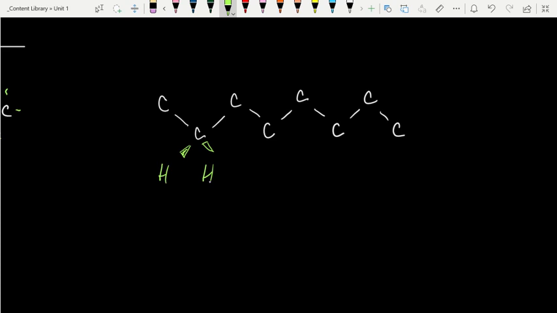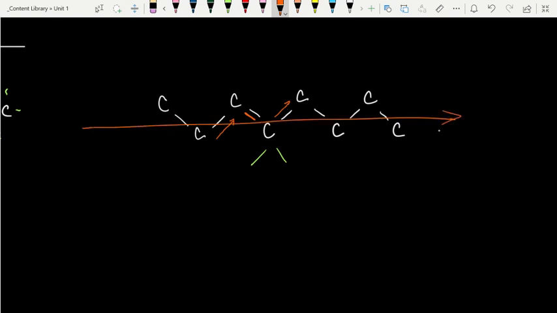Okay, now we can see the value of understanding cis versus trans. Let's come over here to this middle carbon and let's put these hydrogens back on. If this double bond is a trans double bond, we see that we're coming into the bond from the bottom and we're leaving the carbon bond from the top. A trans fat maintains the overall linear shape of this molecule.